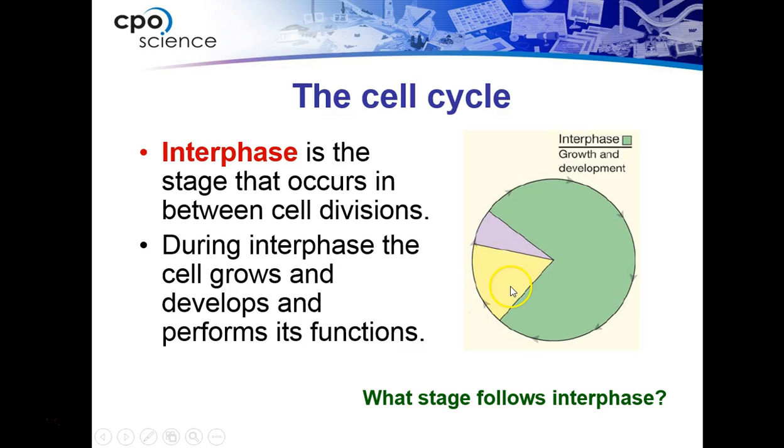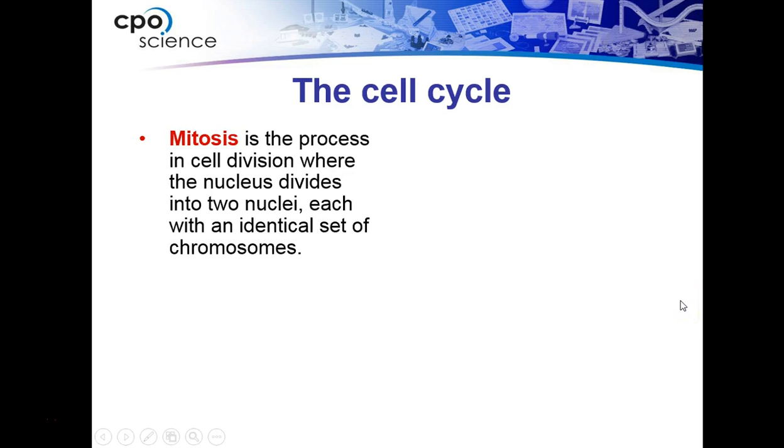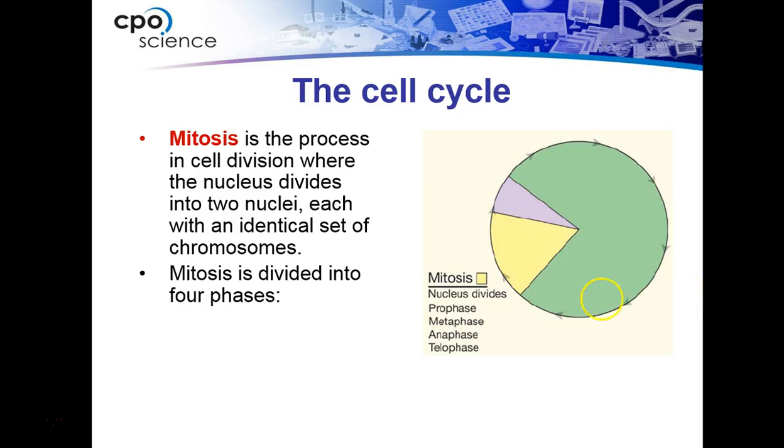If you remember, the stage that follows interphase is mitosis. Mitosis is the process in cell division where the cell is actually going through division, it's replicating its chromosomes, and it's passing on an identical set to another cell. It is divided into 4 phases within this small yellow piece of the pie.